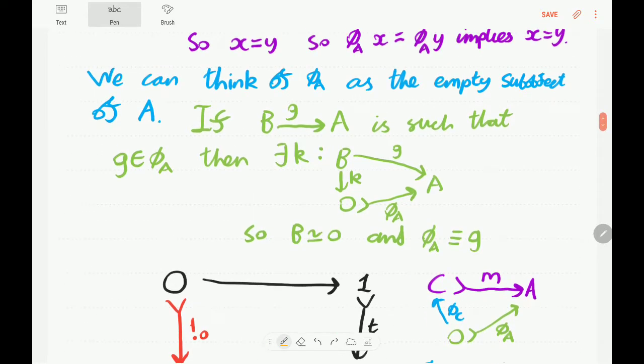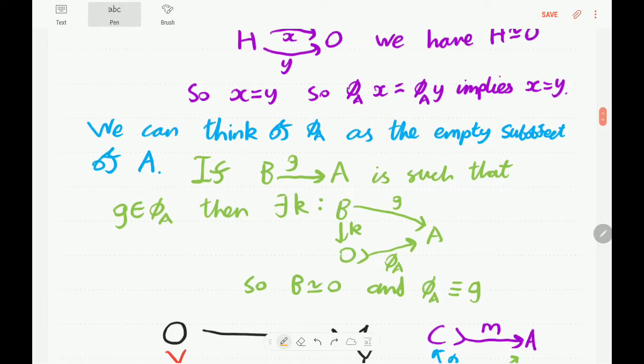So we can also ask the other question, which is what arrows are in 0A? Let's suppose that we have an arrow G from an object B to A, and suppose it's such that G is in 0A. Well, what does that mean?